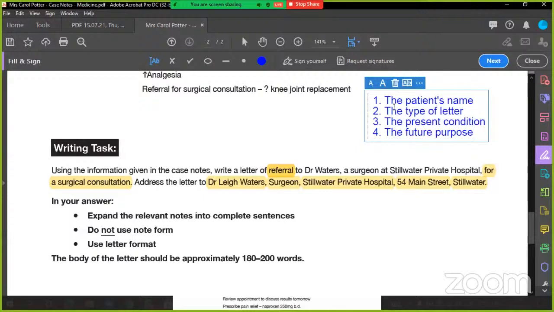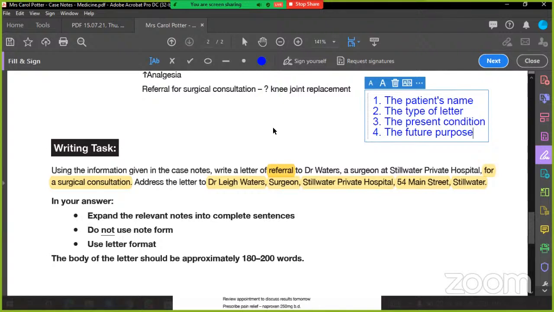So, I am referring Mrs. Carol Potter, who was diagnosed with worsening osteoarthritis, comma.